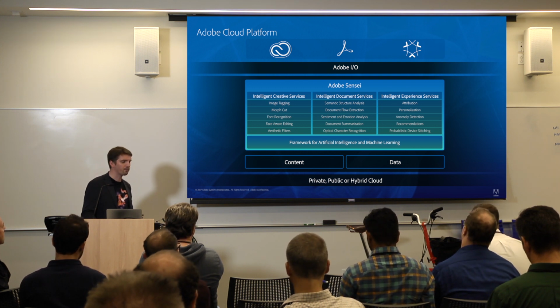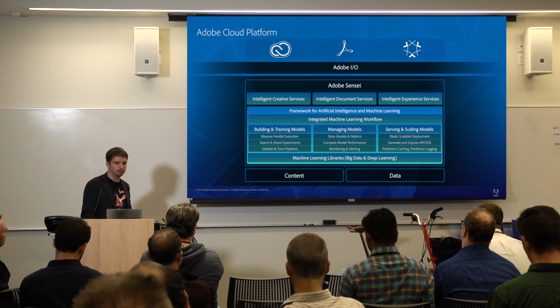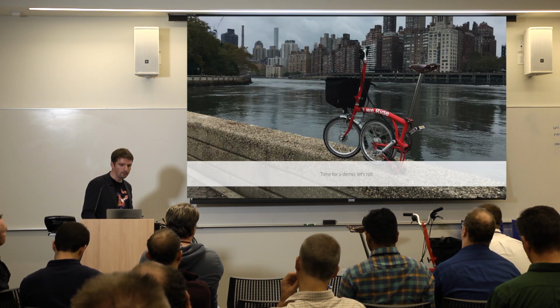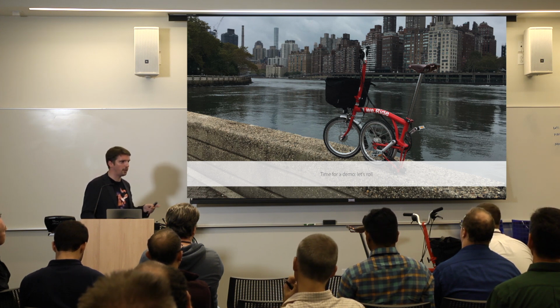So all based on a common framework for doing things like building and training models, managing models, serving and scaling models. So now the interesting question is, okay, what is this bike doing here?